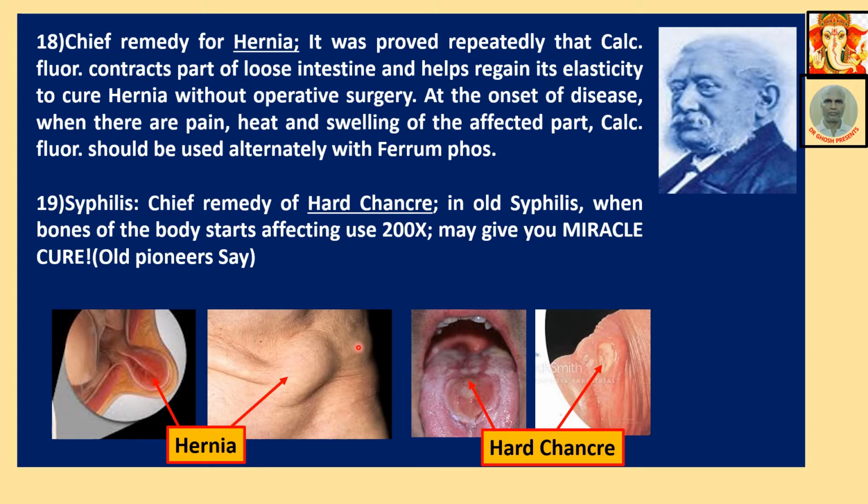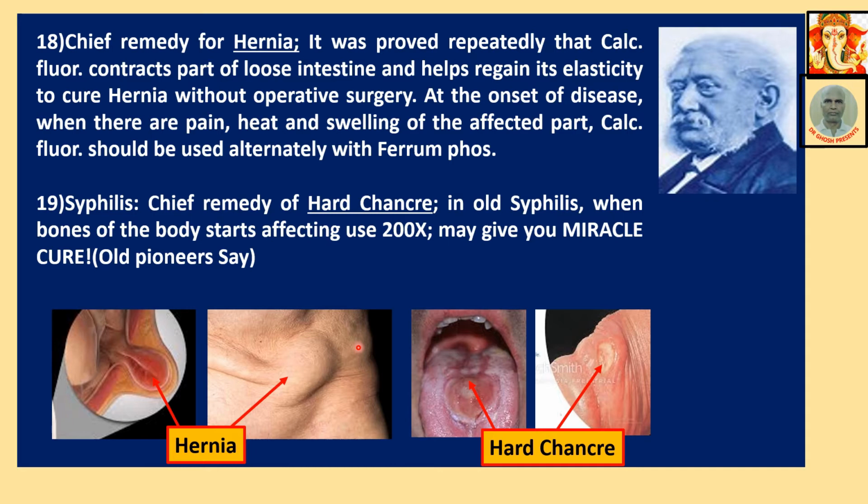This is called hernia. This is actually a disease of surgery, but Calcarea flour can do the thing without surgery. It contracts the loose intestine. It helps regain elasticity of the muscles of abdomen as well as elasticity of the intestine or the herniated portion.